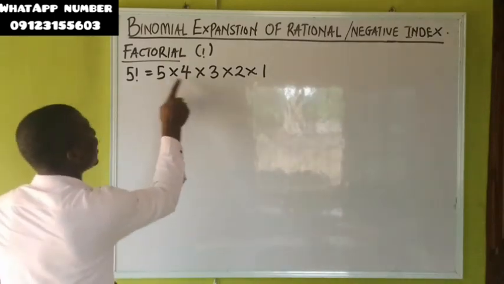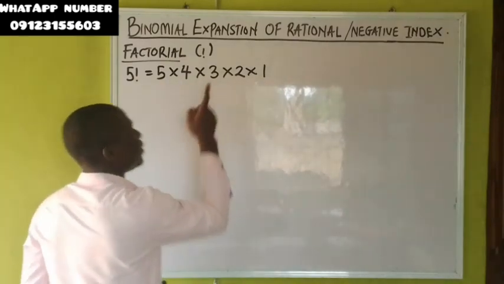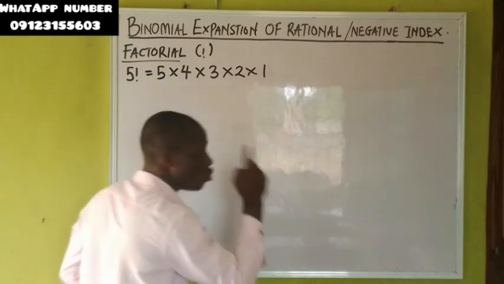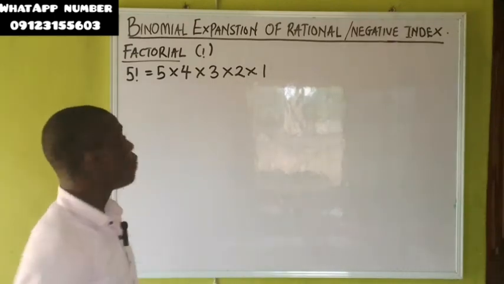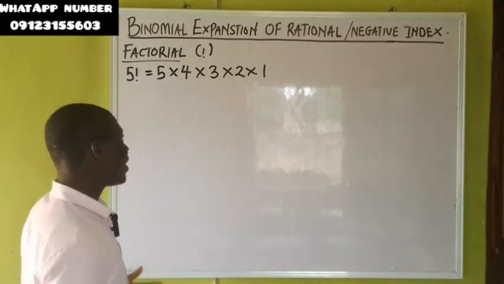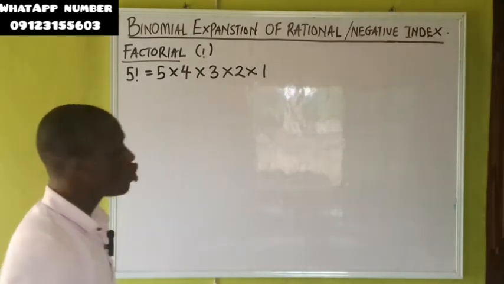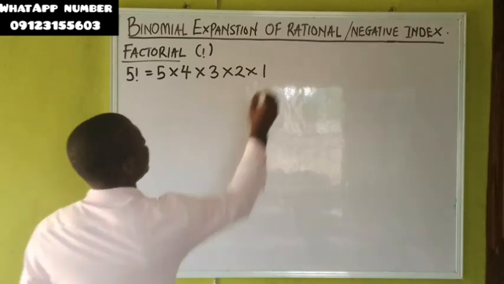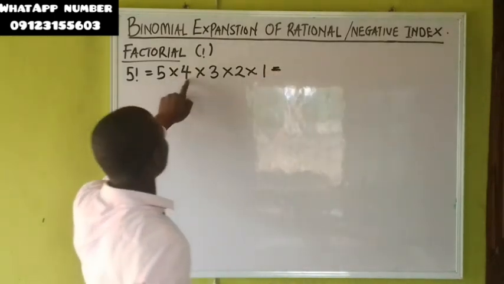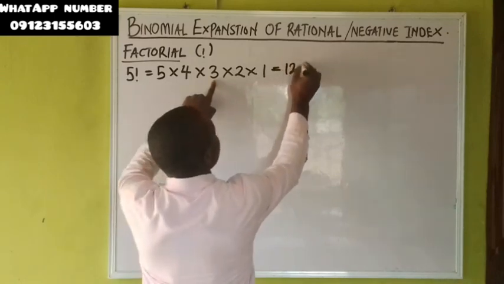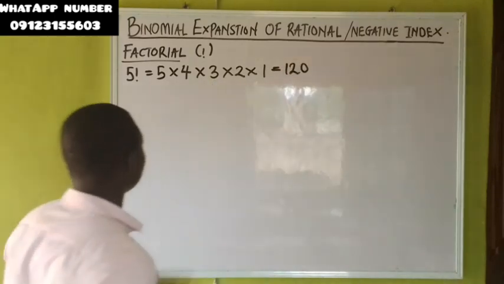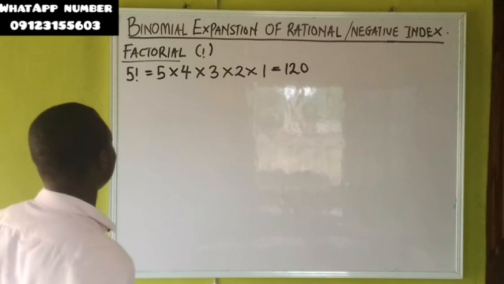The difference between this and this is 1, this and this is 1, until 1. That's the idea of factorial. So 5 factorial will be equal to 20, 60, 120, if I'm not mistaken. That's my answer.